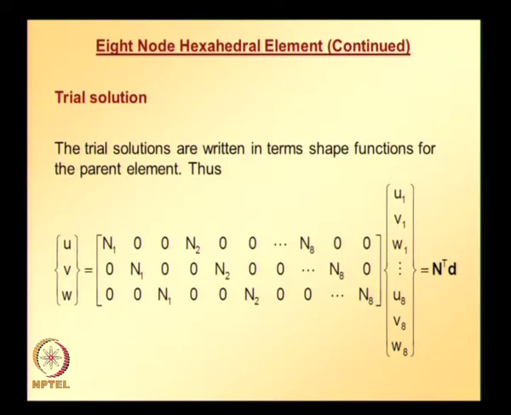And the shape functions for this 8 node hexahedral or 8 node brick element can easily be obtained using the Lagrange interpolation formula that we already looked at when we were deriving shape functions for 2 dimensional elements. So, the only difference is we need to apply the Lagrange interpolation formula in 3 dimensions. So, using the Lagrange interpolation formula in 3 dimensions, the shape functions for the parent element which are required can be obtained.